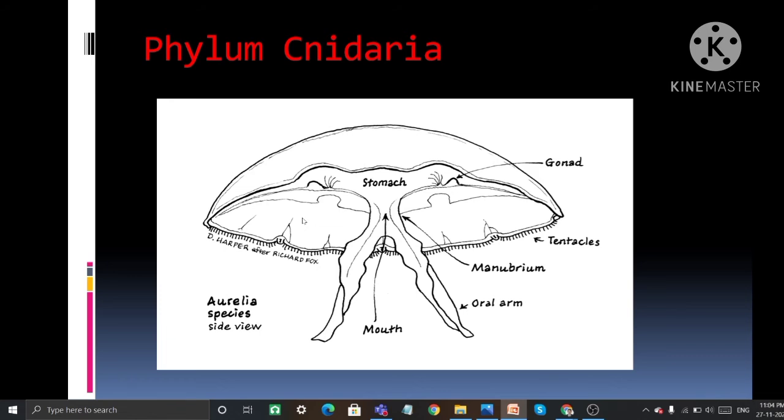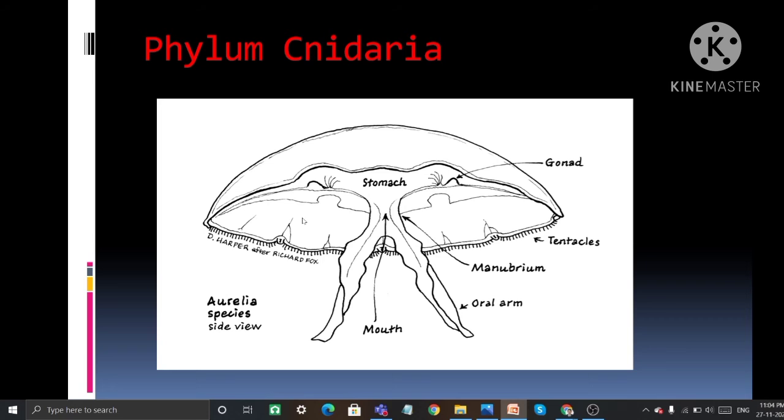Let's go to the phylum Cnidaria. The members of Cnidaria show an umbrella-like body structure. Some of them have a cylindrical body structure, for example Hydra, and the umbrella-like structure is of Aurelia. Basically these organisms are aquatic. Some of them are marine, some freshwater organisms.